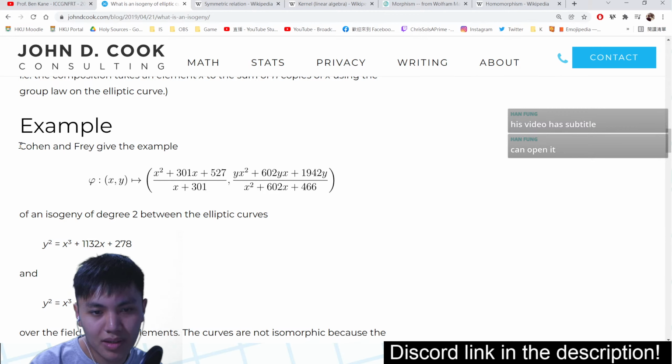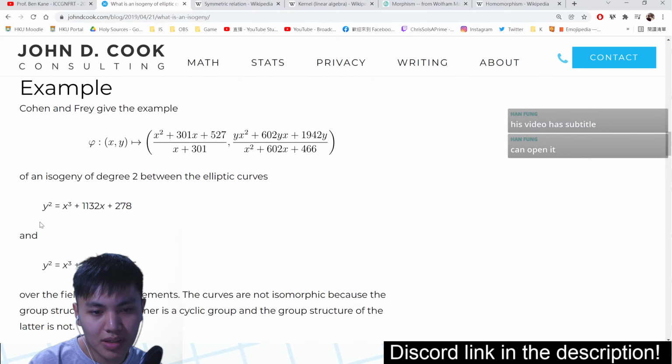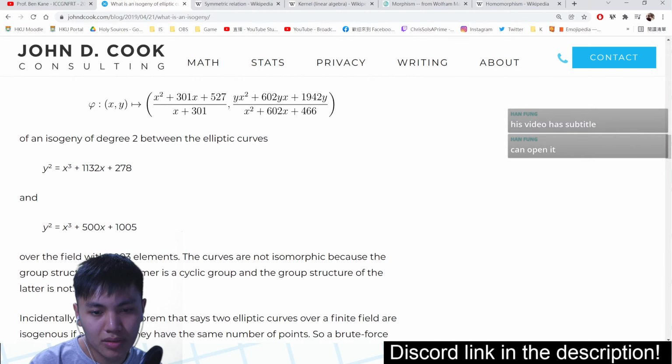Let's look at this example first. This is a map of an isogeny of degree 2 between this elliptic curve and this one over the field of 2003 elements.